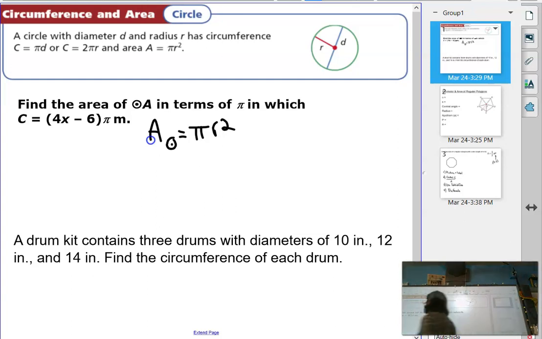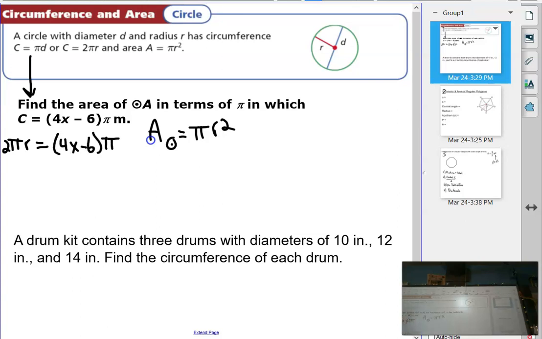So circumference is 2 pi times r equals this. Now I need to get r all by itself, so then I can use it in my area formula.